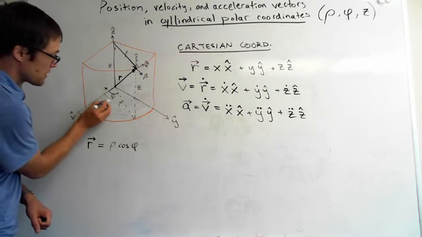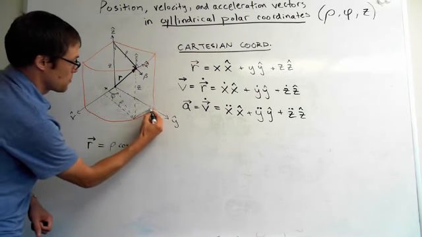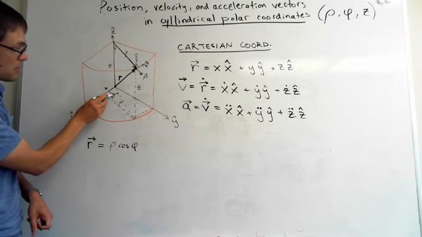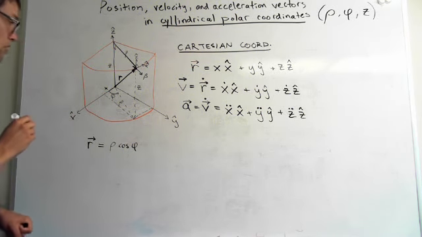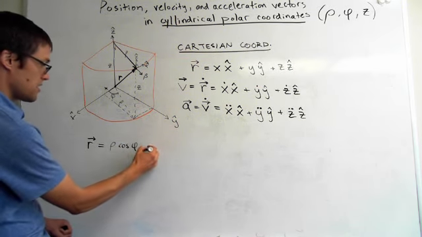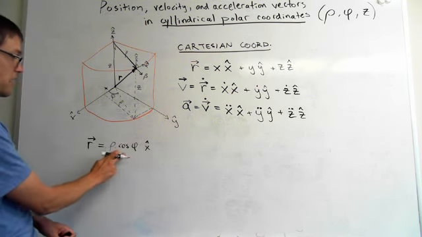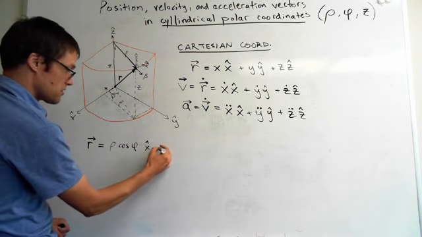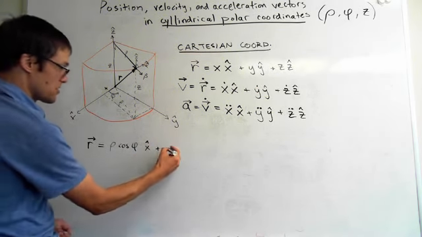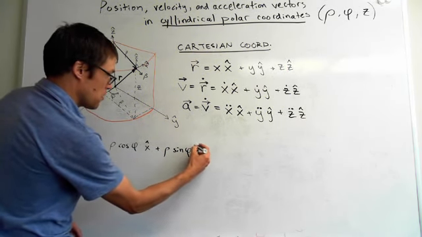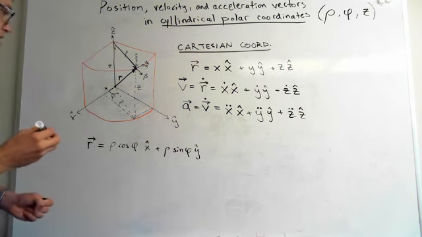You have to imagine again this rectangle in the xy plane. So cosine phi is equal to x over rho. And that's in the x hat direction. So I'm just rewriting the magnitude of the x component in terms of rho and phi. Now let's do the same thing for the y component. That's just rho sine phi in the y hat direction.